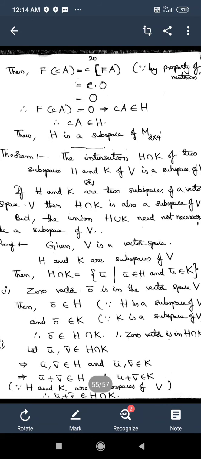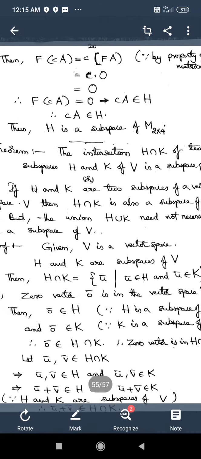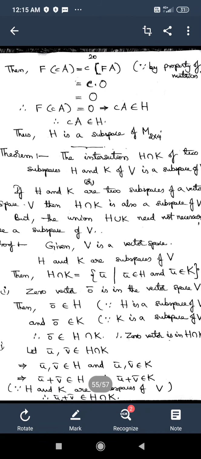And here we can see that the 0 vector, 0 bar, is in the vector space V, because it is already a vector space and it should contain the 0 vector 0 bar. By the third axiom out of the 10 axioms of the definition of vector space, the third axiom gives the existence of the additive identity, which is the 0 vector.